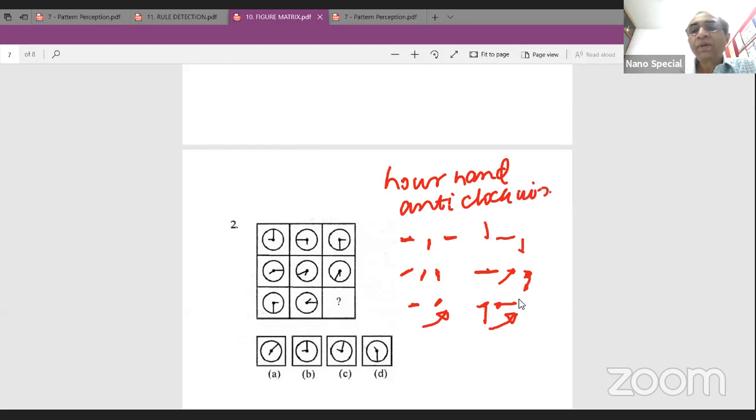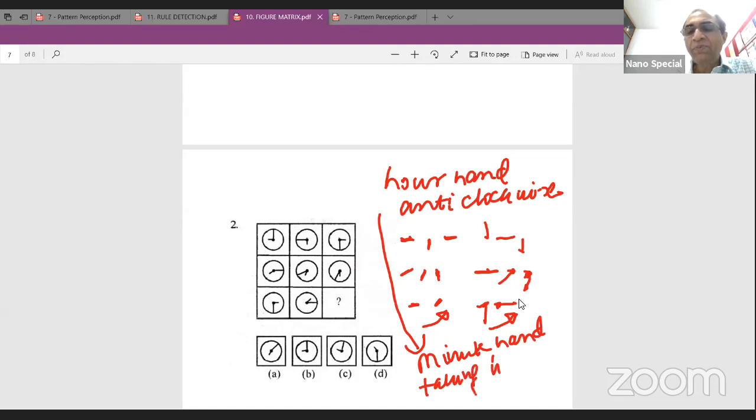Now, the next thing that is happening is the minute hand is taking the hour hand's position.